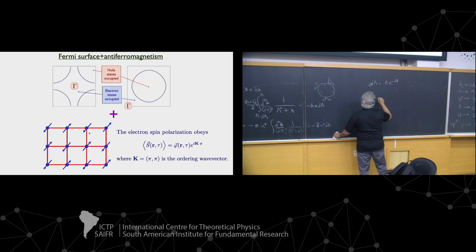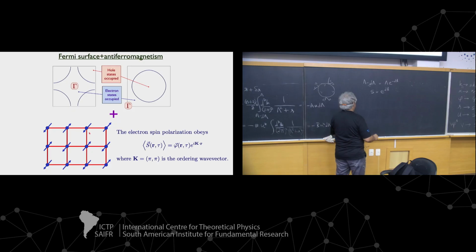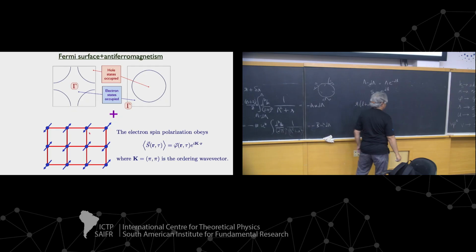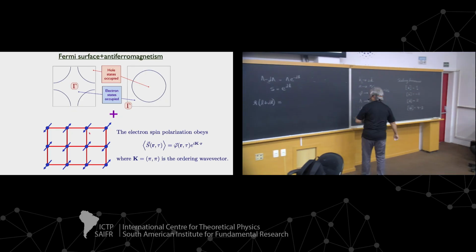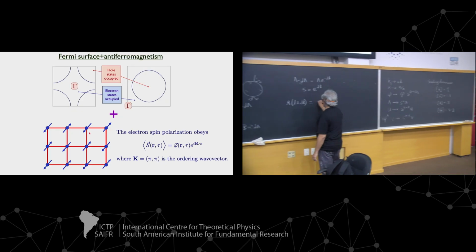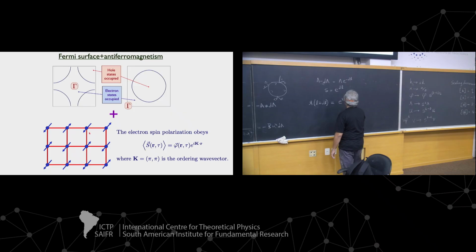No, sorry. Lambda minus d lambda is lambda times e to the minus dl. And then S will just become, S is greater than 1, right? E to the dl, which is small, some differential. So now I have an R. So the new R at L plus dl is equal to, from here, you'll see you'll get basically e to the 2dl times r.